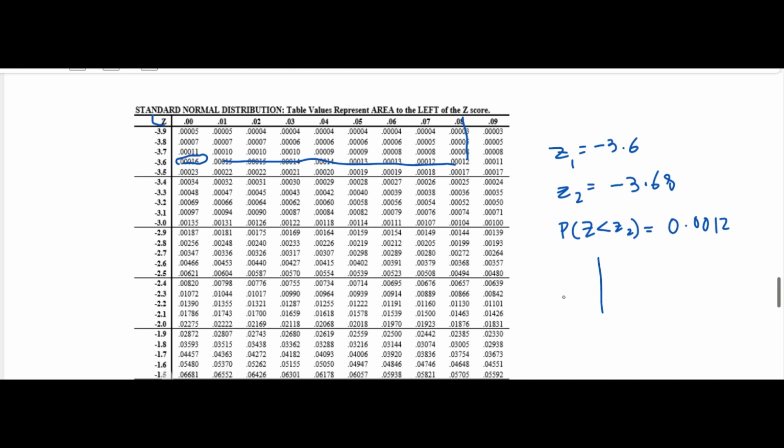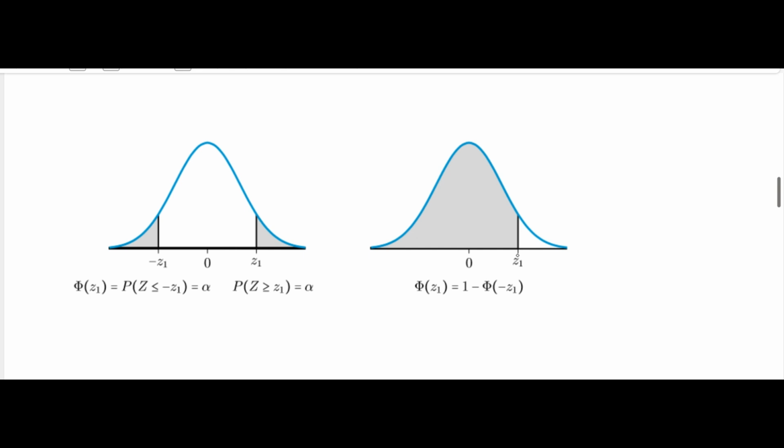Looking at the picture, this is the normal distribution, this is the z-score, and the probability given in the table is this area.